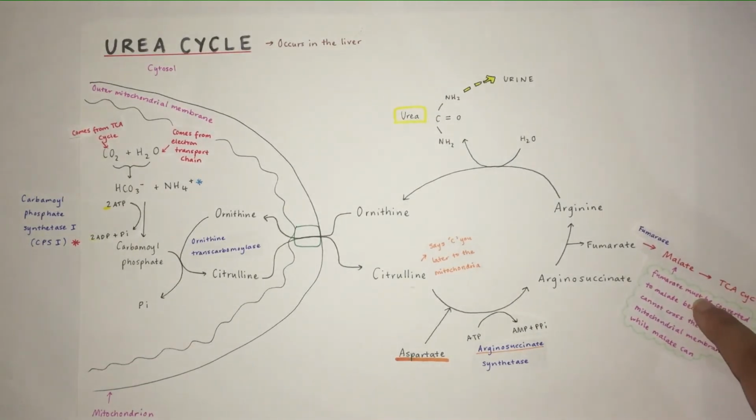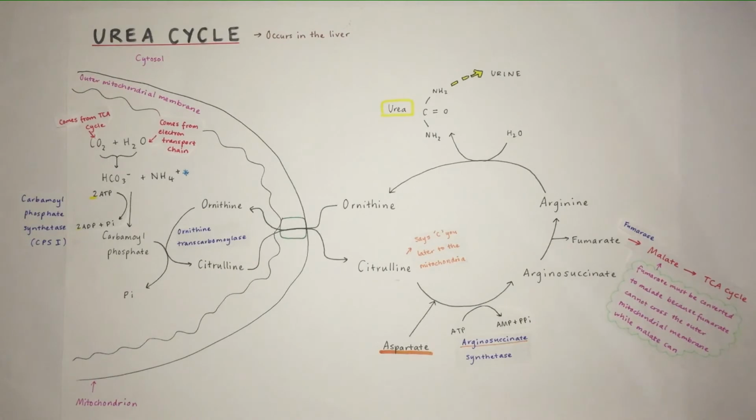So when fumarate is cleaved off here, a fumarase can convert the fumarate to malate, and then malate can enter the TCA cycle. And we have to convert the fumarate to malate because fumarate cannot cross the outer mitochondrial membrane while malate can. So that's where that fumarate ends up.